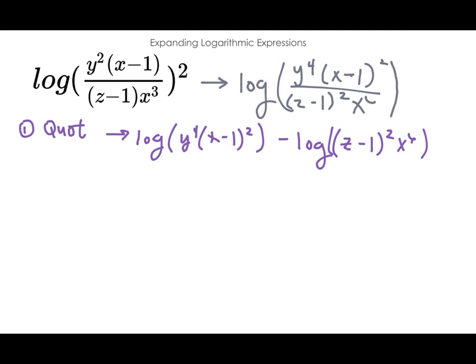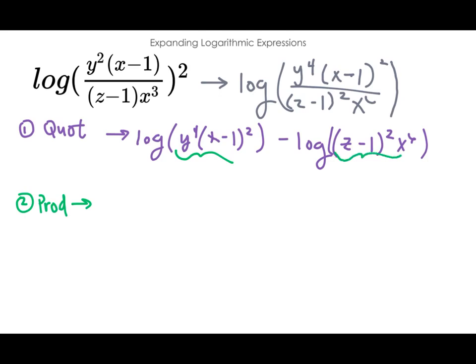Okay, next up, I'm going to look at the product rule. The product rule says that I take anything being multiplied inside of a log and expand it to 2 logs being added. So I actually have 2 sets of multiplication here, right? We've got y to the 4th times x minus 1 squared here, and then inside this log, we have z minus 1 squared times x to the 6th.